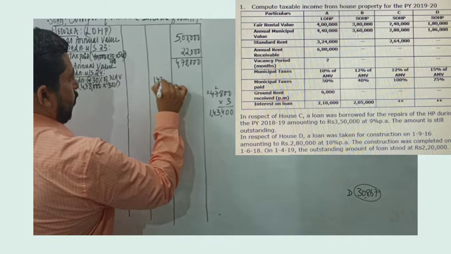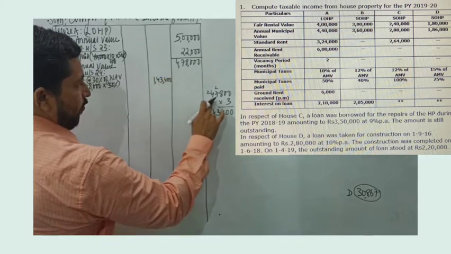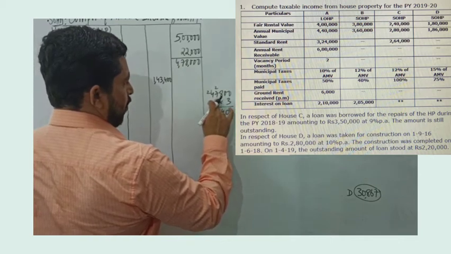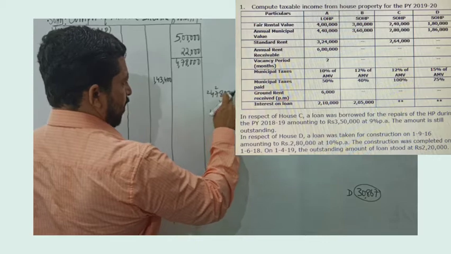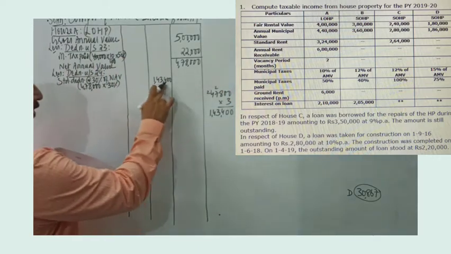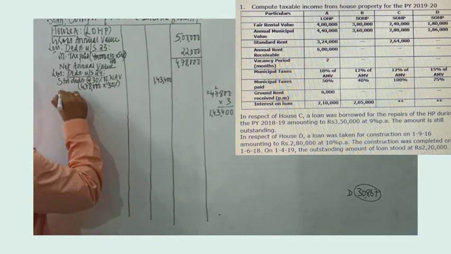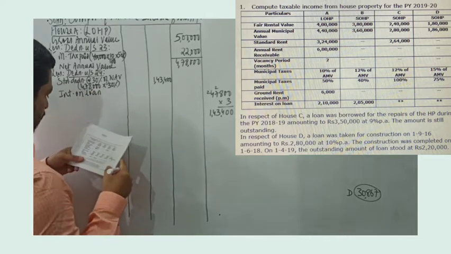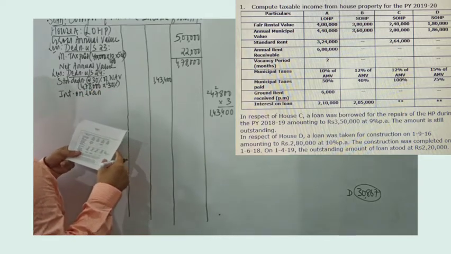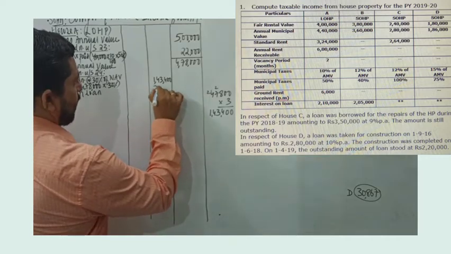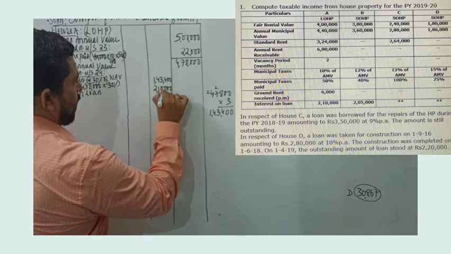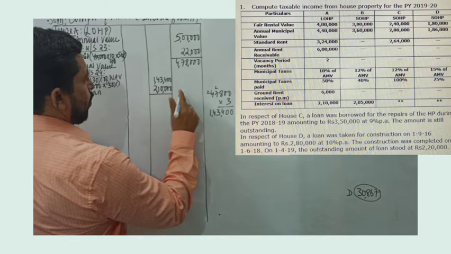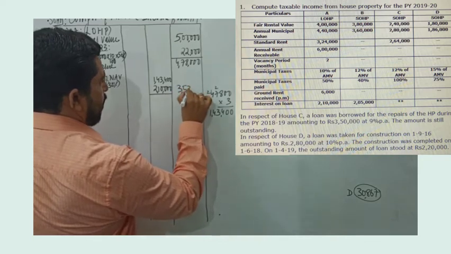So I recorded here 1,43,400. So standard deduction at 30% of NAV is 1,43,400. Then we have interest on loan, and it's given very clearly. Interest on loan for house A is 2,10,000. So 2,10,000 is the value. So two deductions. So total deduction under section 24 would work out to 3,53,400.